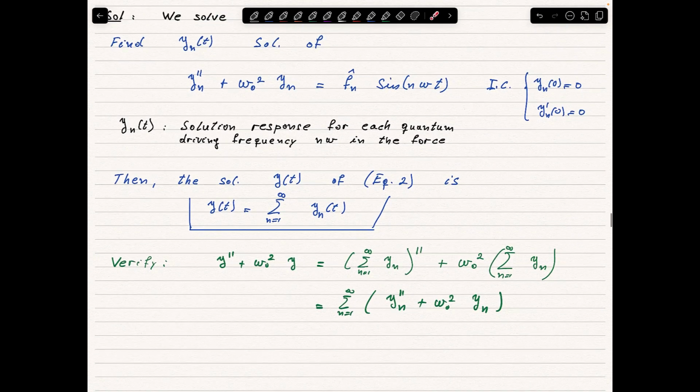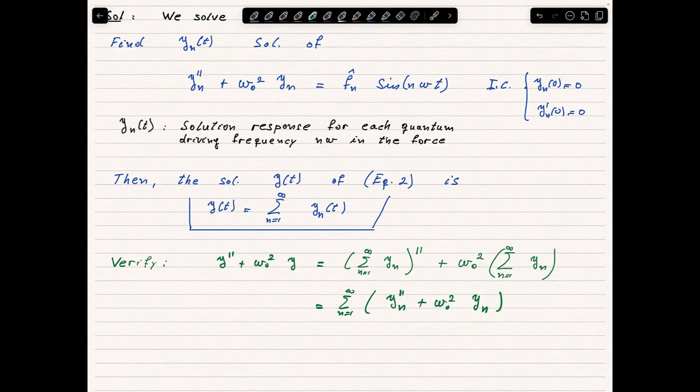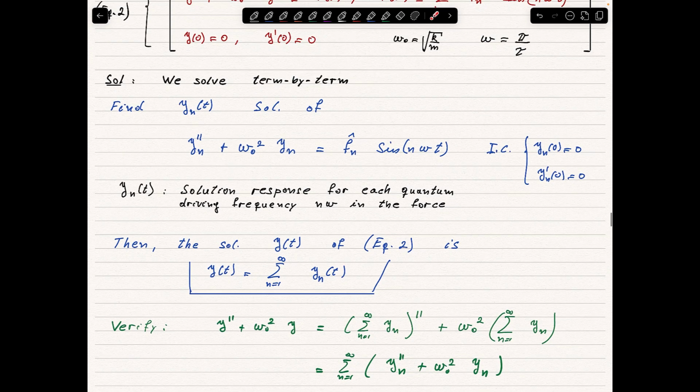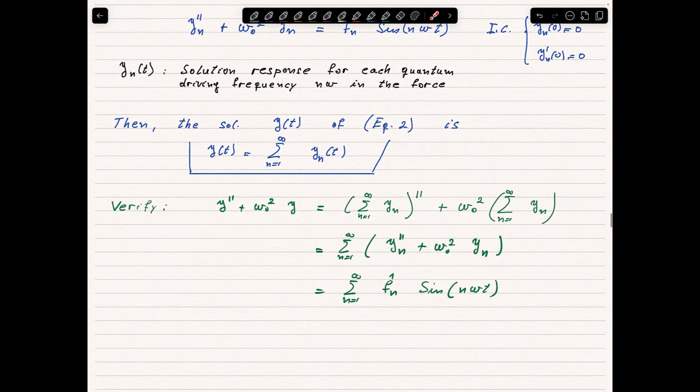But each one of these, because of the way we found them, is equal to the right-hand side of the equation. So this is just nothing more than the sum of the f hat n and then the individual quantums of vibrations. Now we are reconstructing the original force. So this is indeed a solution of the differential equation.